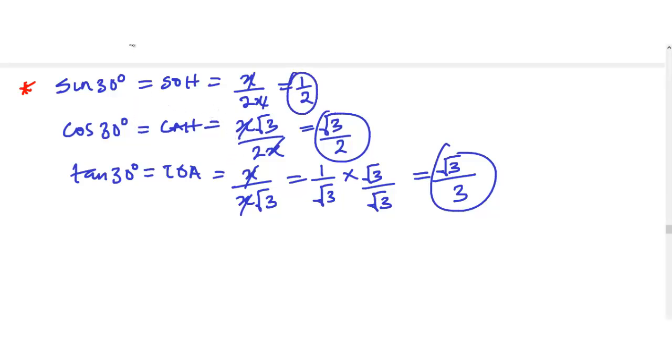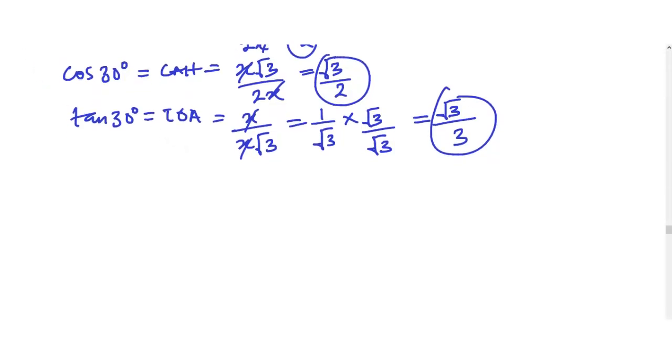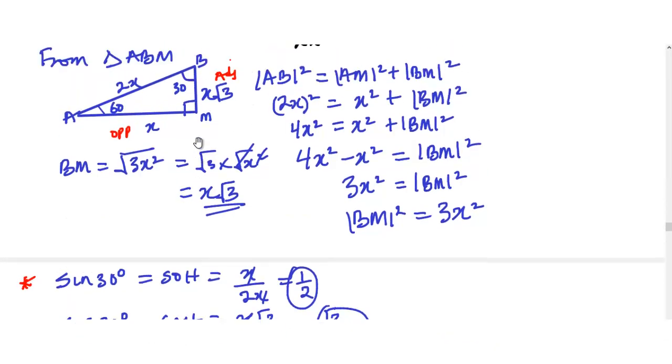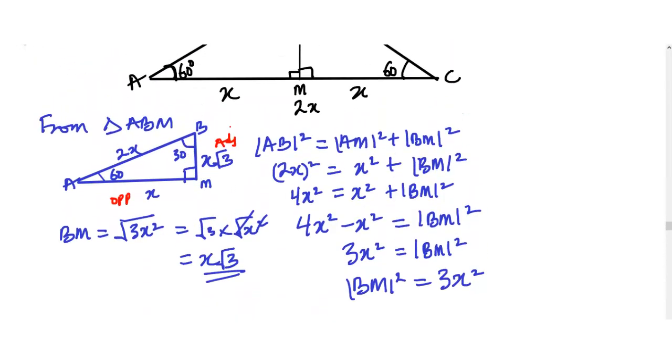So the next one will now be 60 degree. For 60 degree, permit me, I'm going to remove this red now, so that it won't confuse us. Because for 60 now, the opposite would have changed. For 60 degree, this is our new opposite.